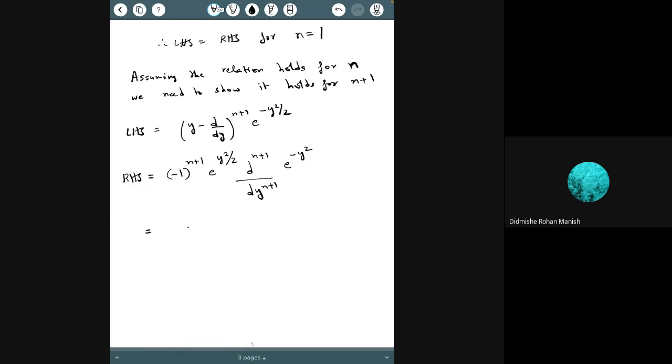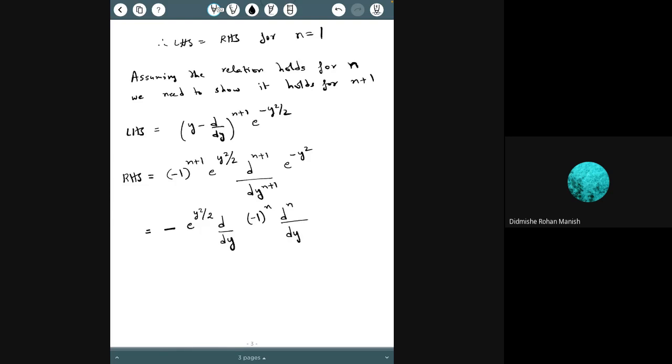From minus 1 to the power n plus 1, we get a minus sign, and then we have e to the power y squared by 2. And from the d/dy part, I separate one d/dy, moving the minus 1 to the power n, which we had left inside.